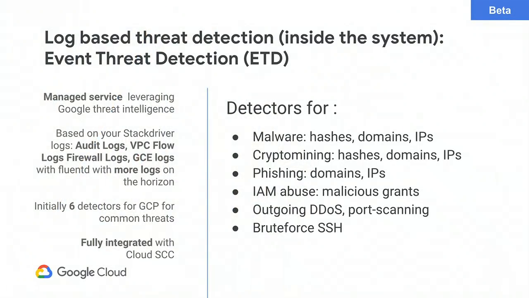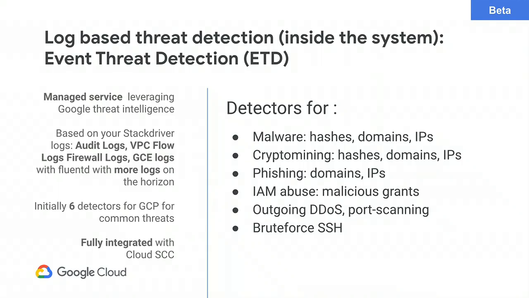Today, with the private beta launch of the Event Threat Detection, if you enable Stackdriver logs, we're now also able to take that data in and look at what's going on within the system through the logs. So ETD, which is going private beta, is log-based threat detection looking from the inside. It's a managed service.